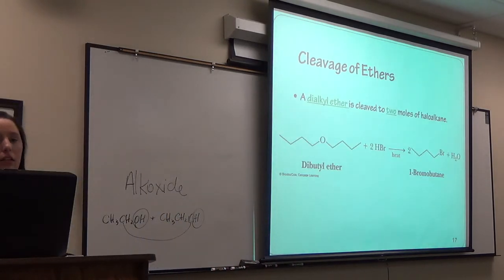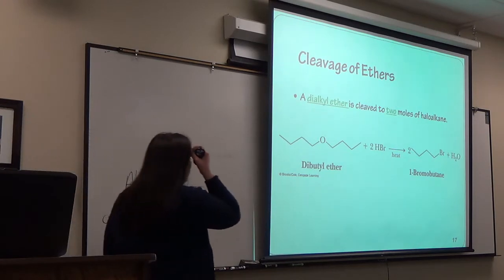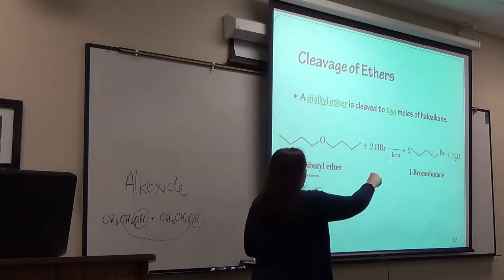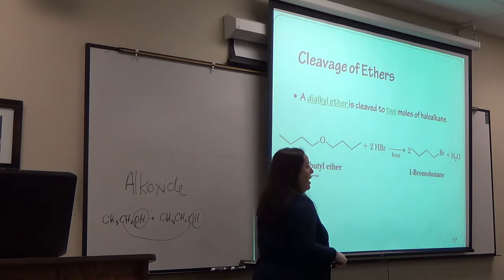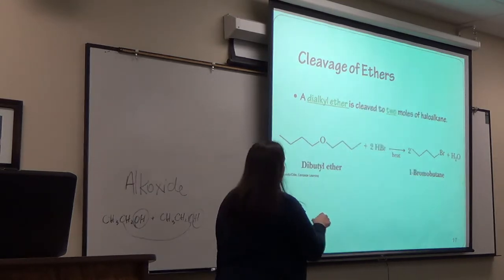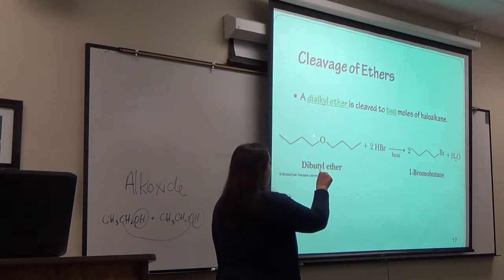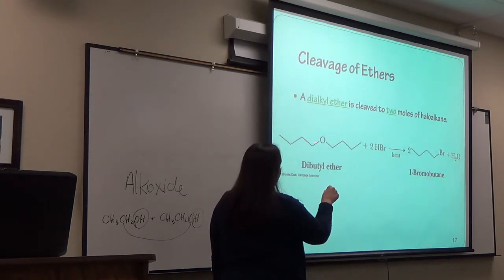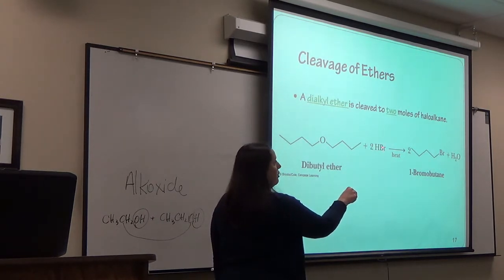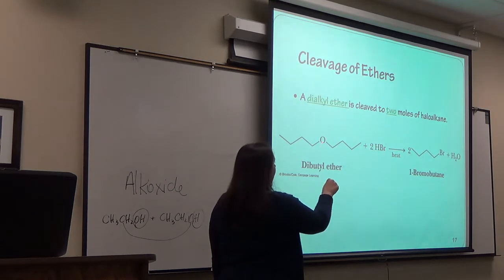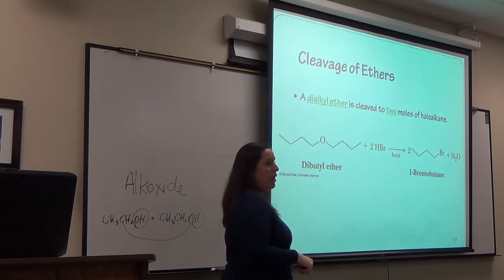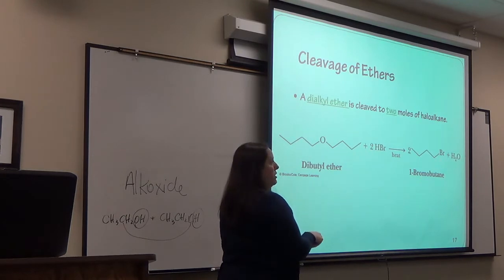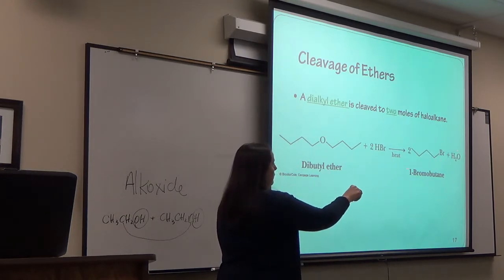So that's the cleavage. Now, what if you had 2 moles? So if you had 2 of your HX, in this case 2 HBr, then the first cleavage would give you 1 RX, the Br would be there. And then for the second one, the Br is going to be a good nucleophile, so it's going to attack the alcohol, get rid of the OH as water. Does that make sense? And make a second halide.